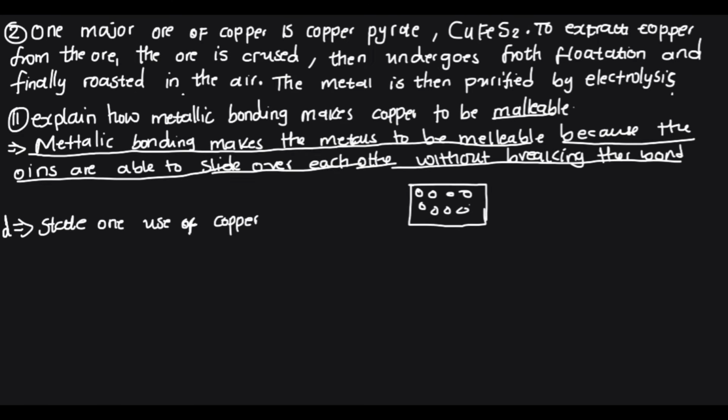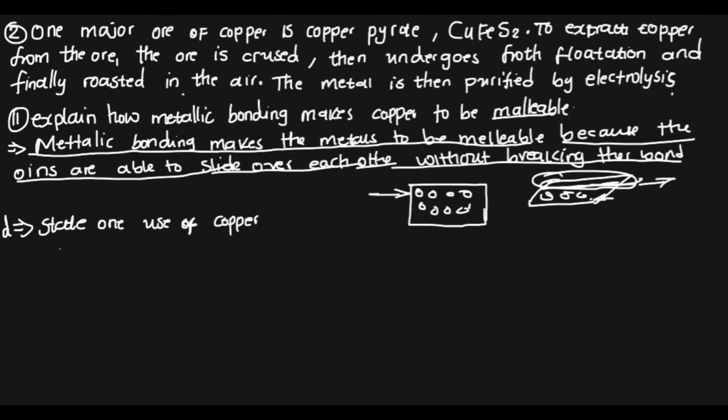Now let's assume you hammer it here, then we are going to have a structure where this will bend like this. What this means is this part here has moved this side, while this part here has remained here. So this part has slid over this part here.